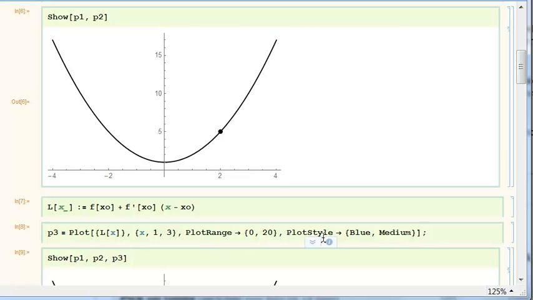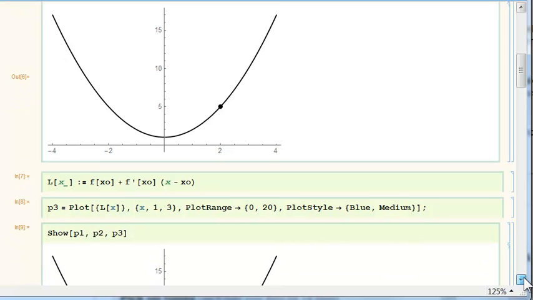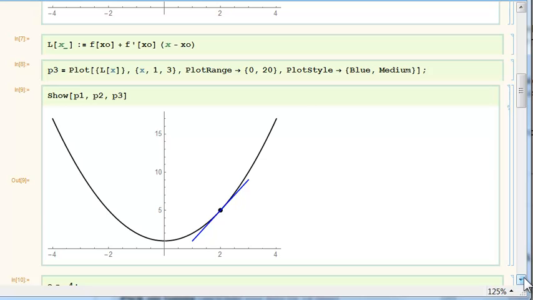We're going to plot this blue at medium thickness, semicolon, again suppressing that plot, but naming it p3 so we can draw all three of those one upon the other, plot 1, plot 2, plot 3, and here's the function and a little chunk of the tangent line at the tangent point.